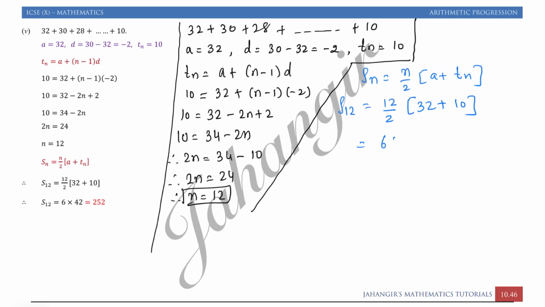So we are going to get 6 into 42. We just multiply: 6 twos are 12, 6 fours are 24, 25. Therefore S12, the sum of 12 terms, is 252.